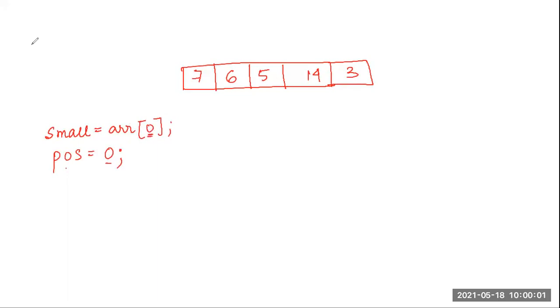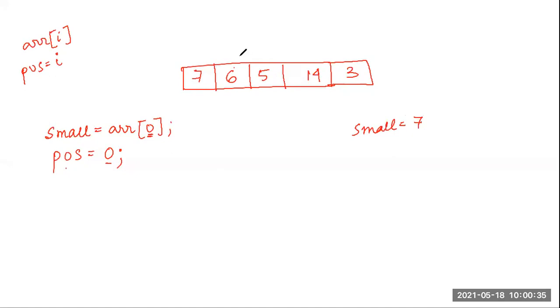Whatever I will write in my array index I, the same position it will have in I. So if I am writing 0, my position will also be 0. So first I was doing what? In my small variable, I was keeping this value 7, and then this small variable I was comparing with this element, this element, this element and this element.